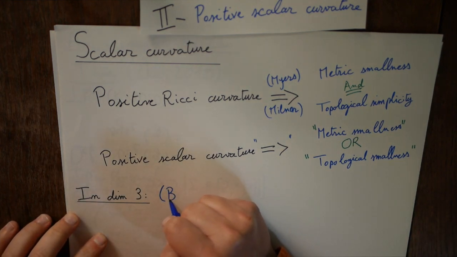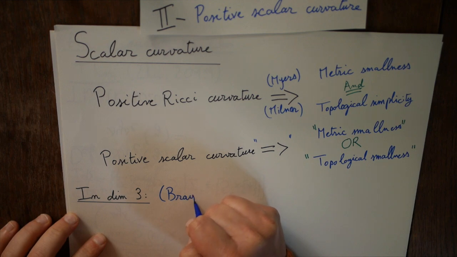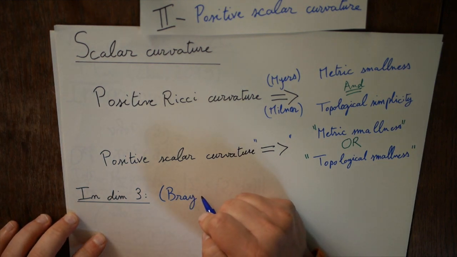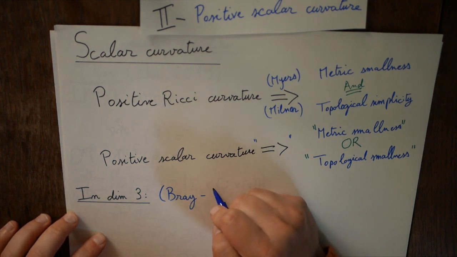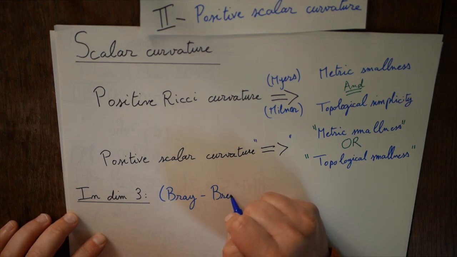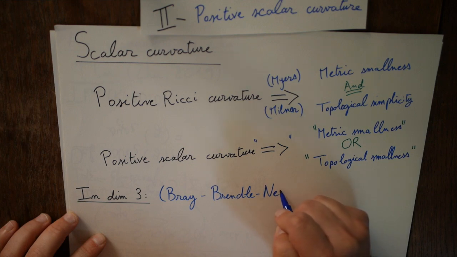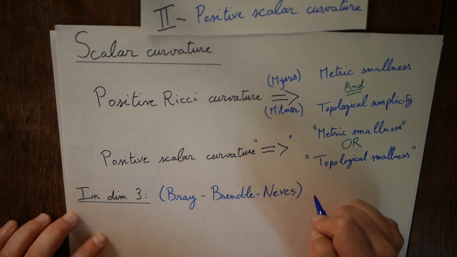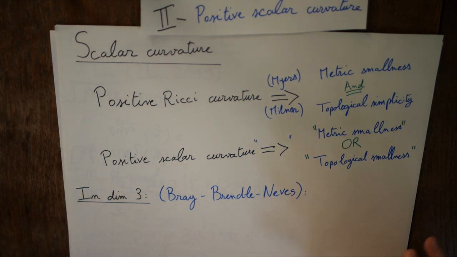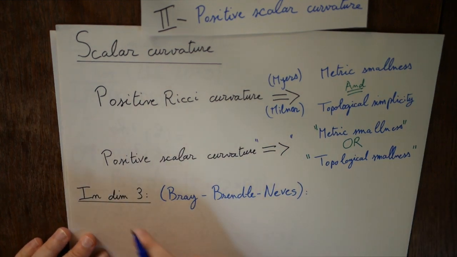So this is a result of Bray, Brendle, and Neves. And I state it in the following way. It's not exactly the way they state it, but it works for us.